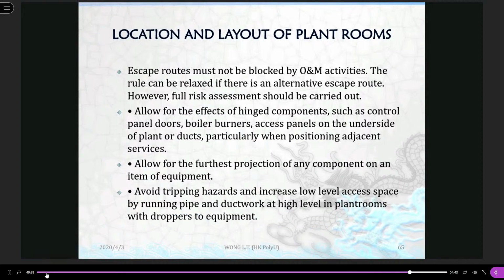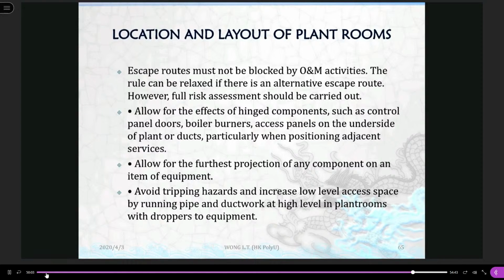Escape routes must not be blocked by the O&M activities, operation and maintenance activities. The rule can be relaxed if there's an alternative escape route. Otherwise, we need to do some risk assessment, to see what kind of additional provisions should be provided in order to maintain the same level of risk. Here's an example.